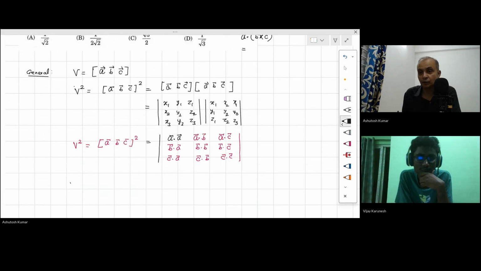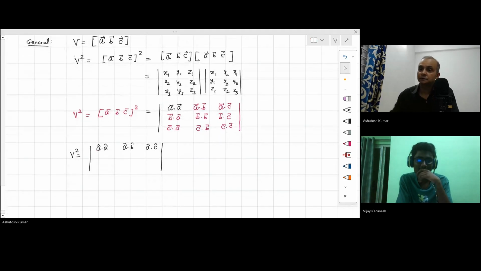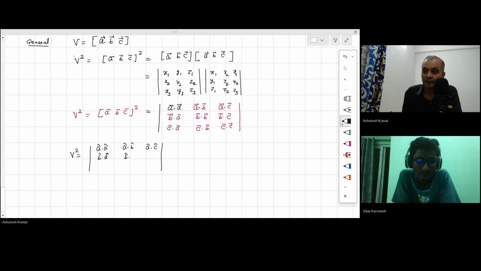So the volume what is required here, I can write as what? A cap dot A cap, A cap dot B cap, and A cap dot C cap. Correct? Yes, sir. Here what you can write? B cap dot A cap, B cap dot B cap, B cap dot C cap.